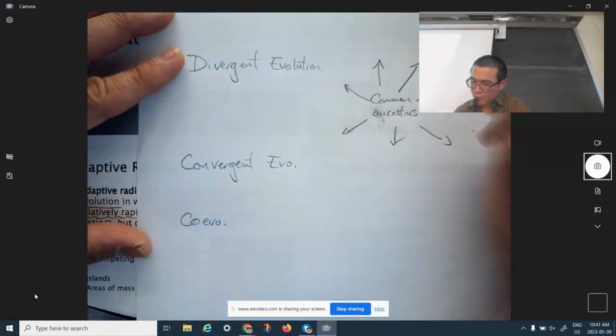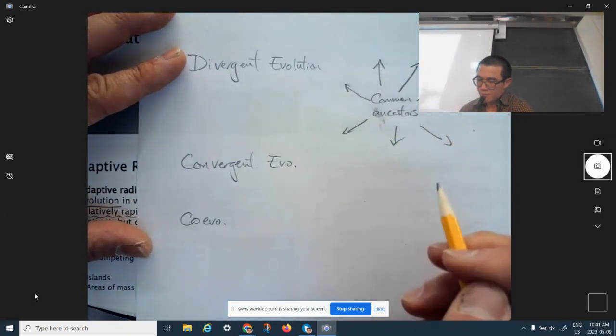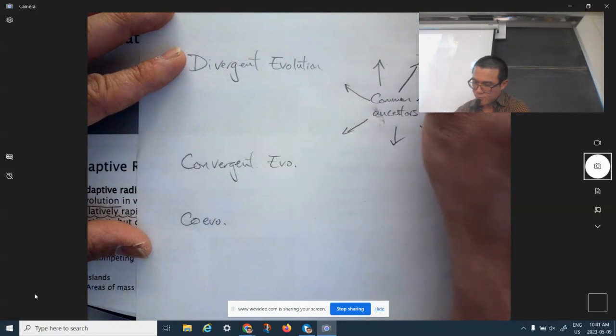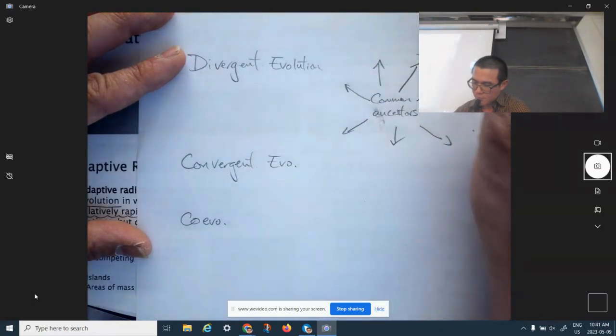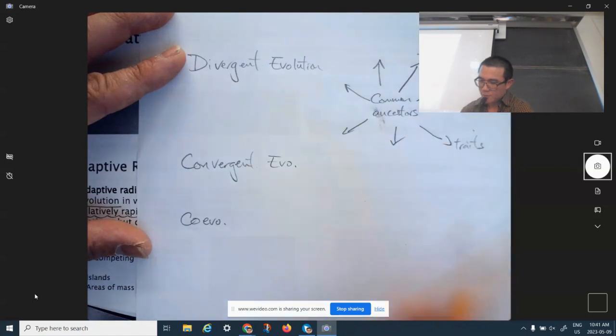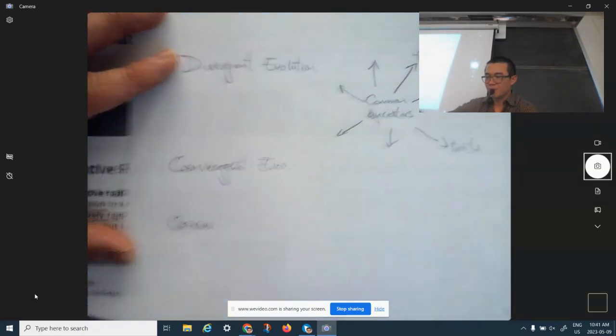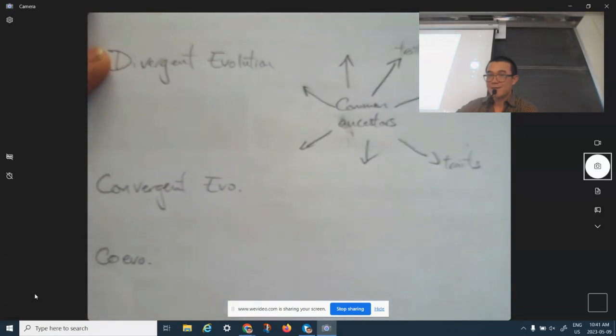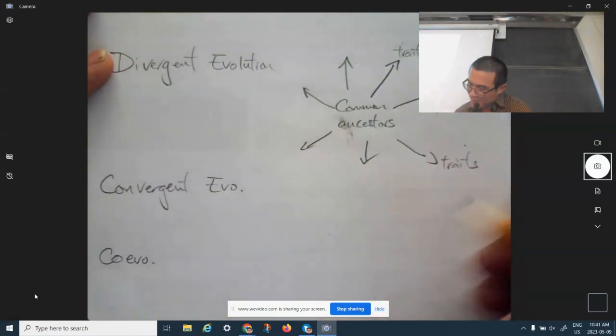Diverge into different traits. Maybe I shouldn't draw so many arrows now. I'll put a word after each one of them.